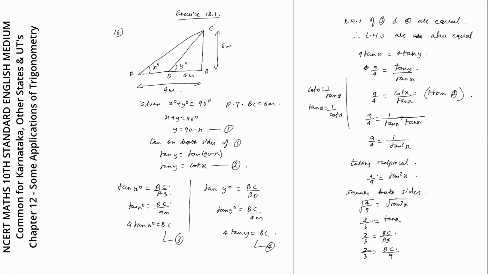Point A is 9 meters away from the foot of the tower. Now if I cross multiply, what will I get? 2 into 9 by 3 is equal to BC. 3 ones are 3, 3 twos are 6, 3 threes are 9. So 2 threes are 6. 6 is equal to BC, or BC is equal to 6 meter. BC is nothing but the height of the tower, and that proves it. That completes the question and this exercise.